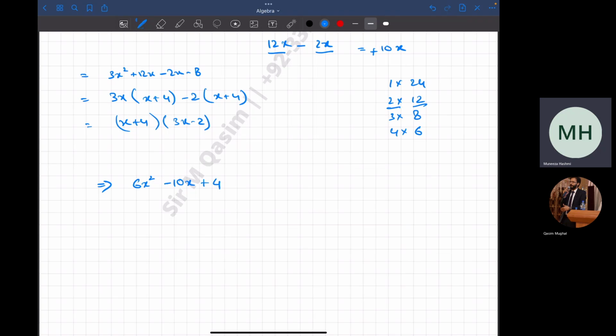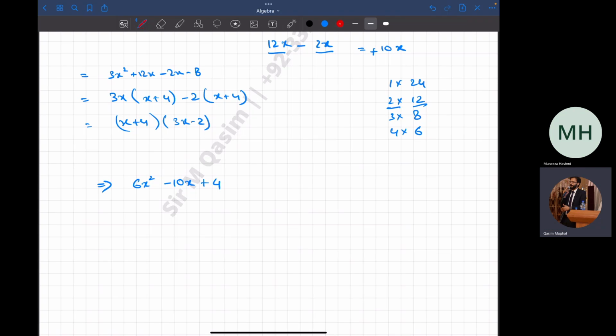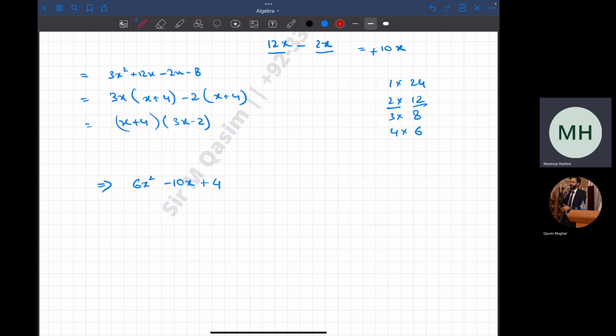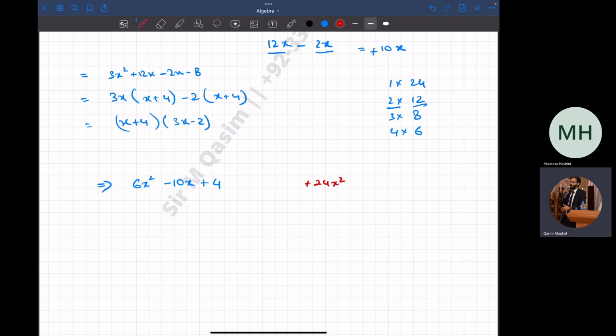So the product needs to be 6 times 4, which is 24. Plus or minus? Plus 24. So the product should be plus 24x squared. And then should the sum or the difference be minus 10? Sum should be minus 10.